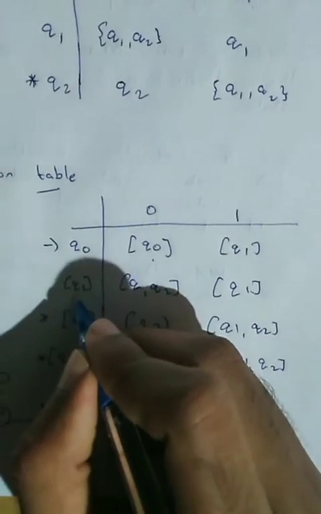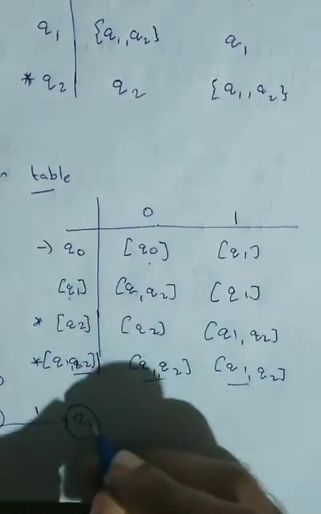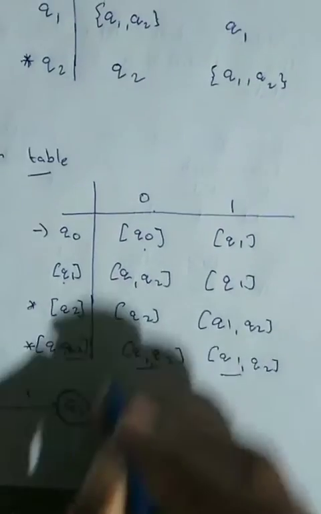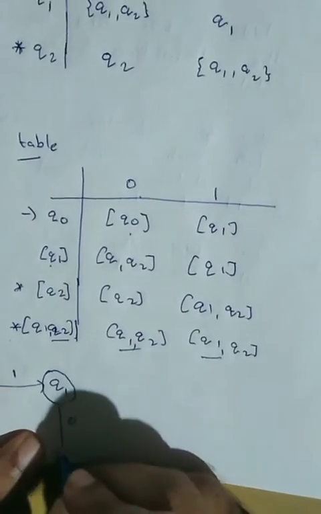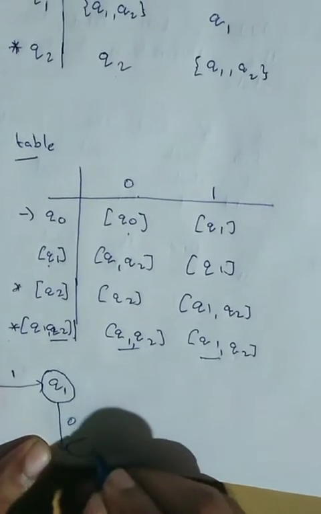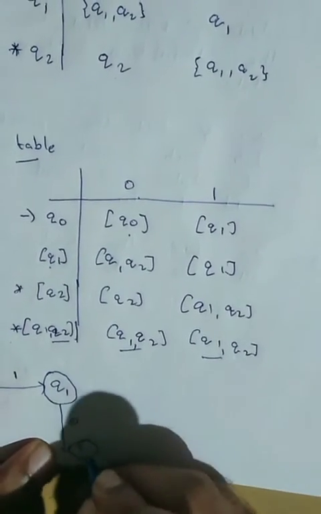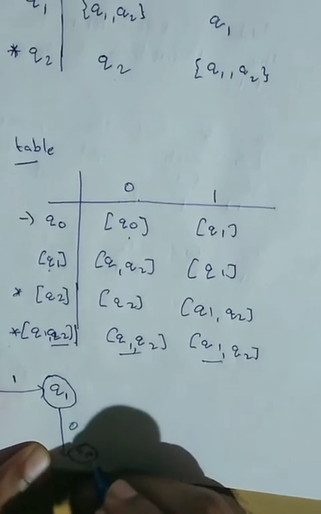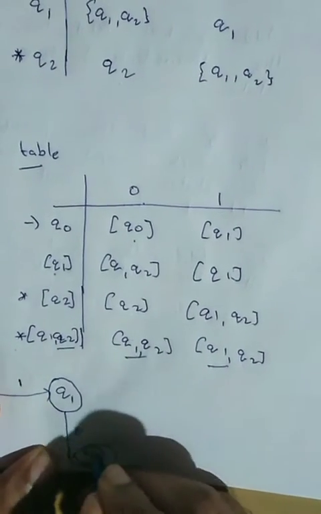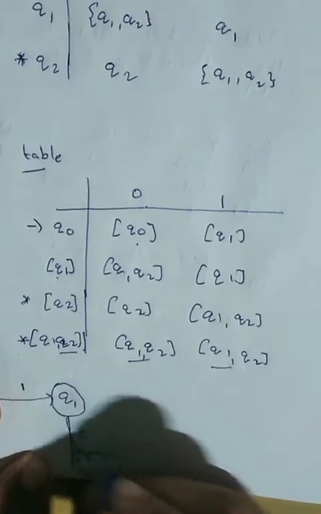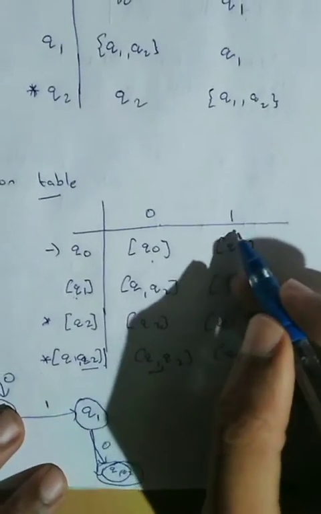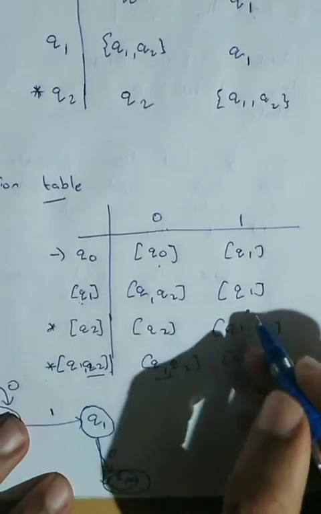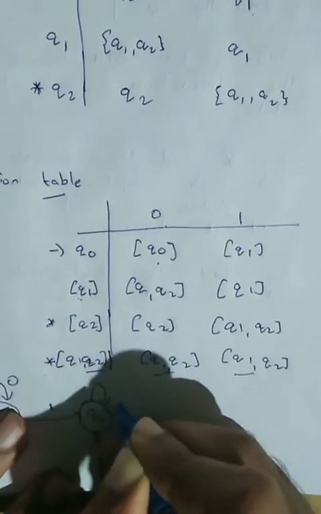and q0 with input 0 goes to one state, which is q1 comma q2. q1 with input 1 goes to the state q1, so it is a self loop.